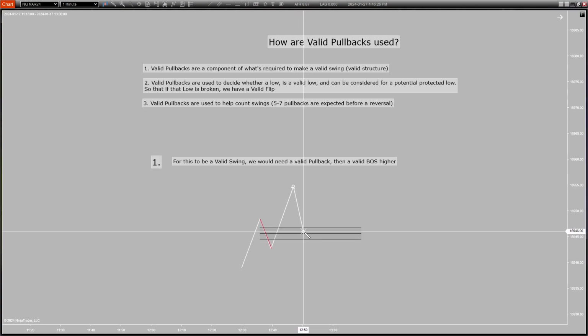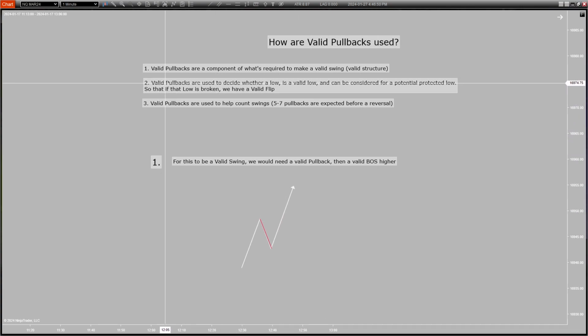Push into the 50%, and then we could expect the move higher. That's how we use it. Similarly, if we get another break of structure here, and this is a valid pullback and a valid break of structure, this could be another continuation zone, potentially. So that's how you can validate swings with valid pullbacks.